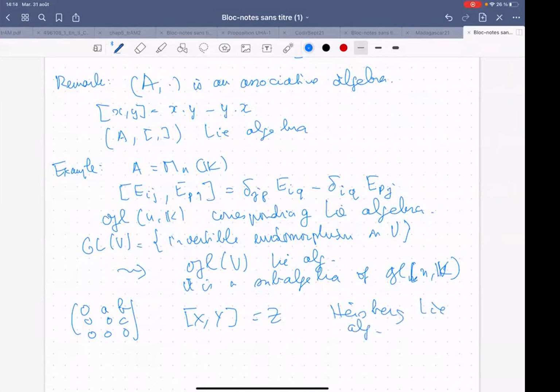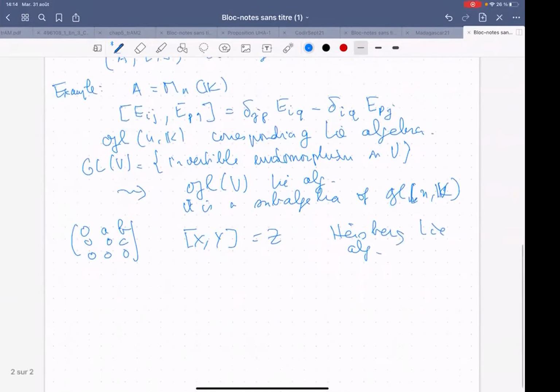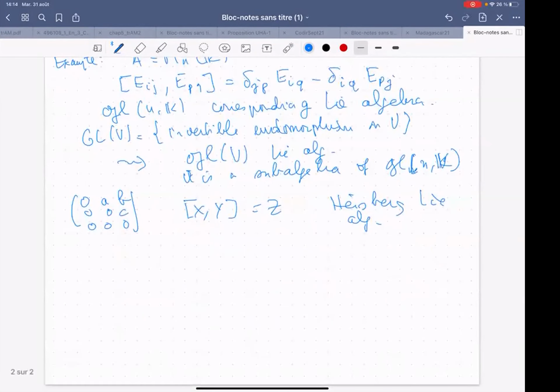Okay, and maybe another interesting example is given by traceless matrices. Let us denote by sl(V) the set of matrices M in gl(V) such that the trace of M is 0.